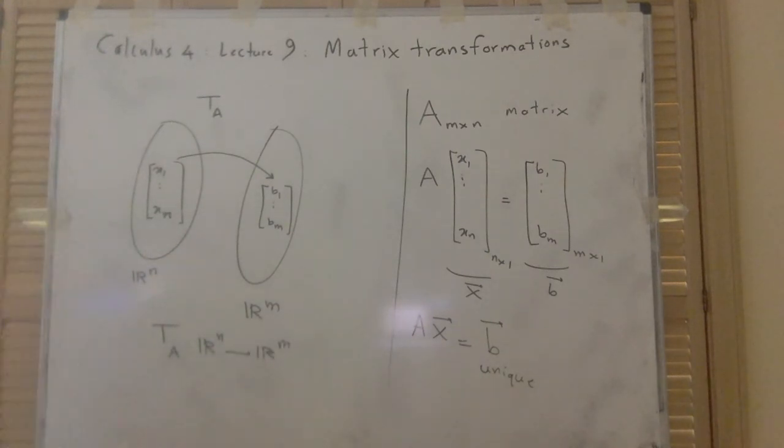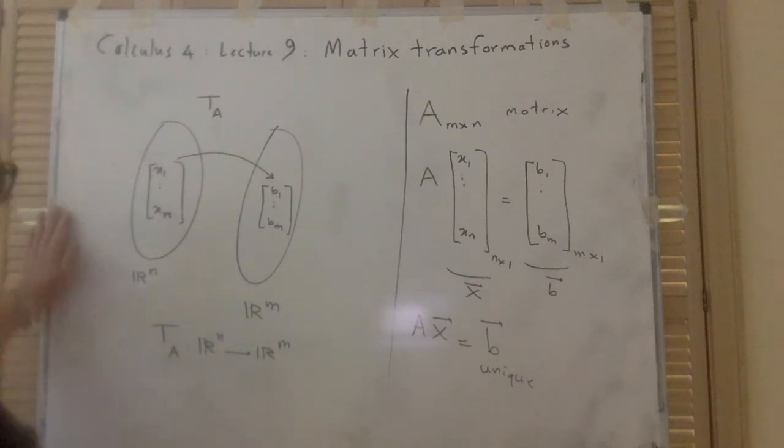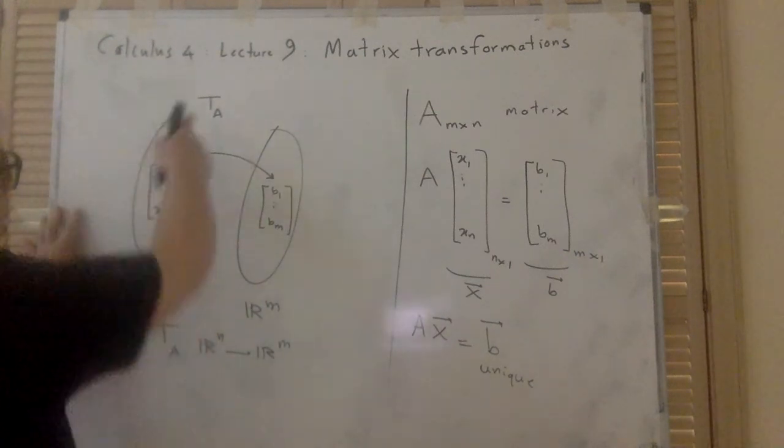At higher level, when there is no need to introduce that TA, many mathematicians just use A, the same notation for both of them. But let's use TA here, to distinguish between a function and the matrix.